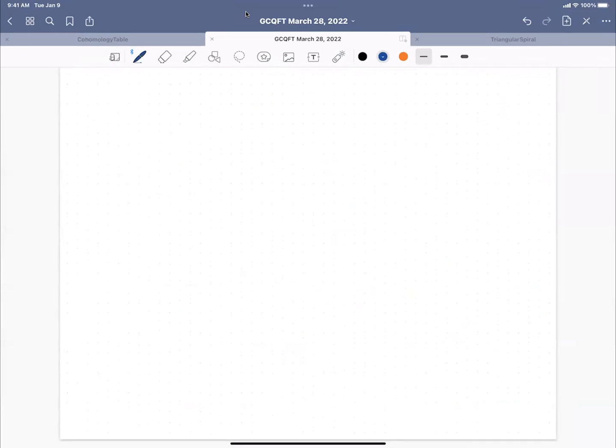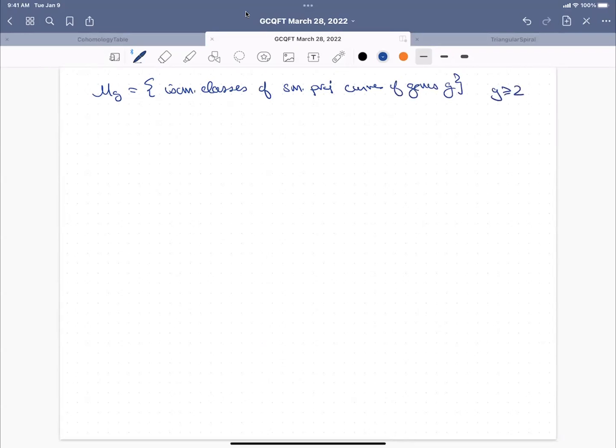And then the moduli space we want to talk about today is M_g. So this is the space of isomorphism classes of smooth projective curves of genus g. And we'll always assume that g is at least 2.